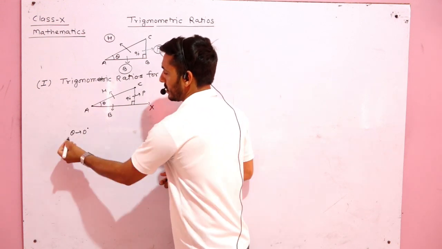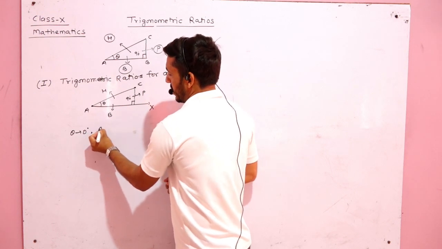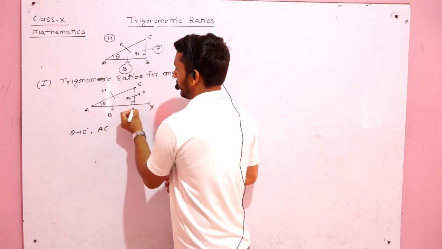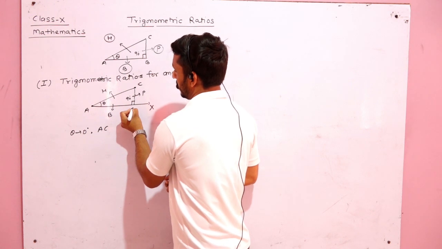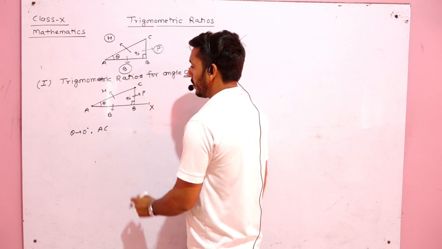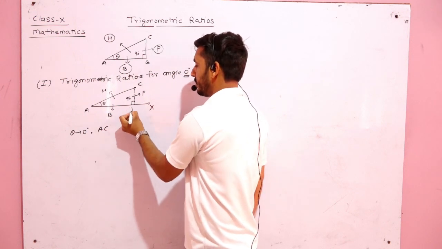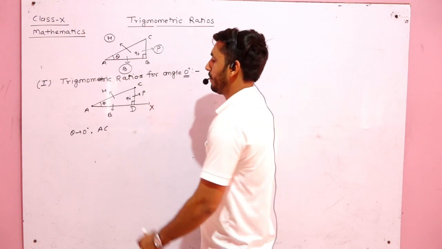Then if I make theta tend to 0, in this condition we can assume this B point, or if we want the base point, we can assume it as D point, no problem.